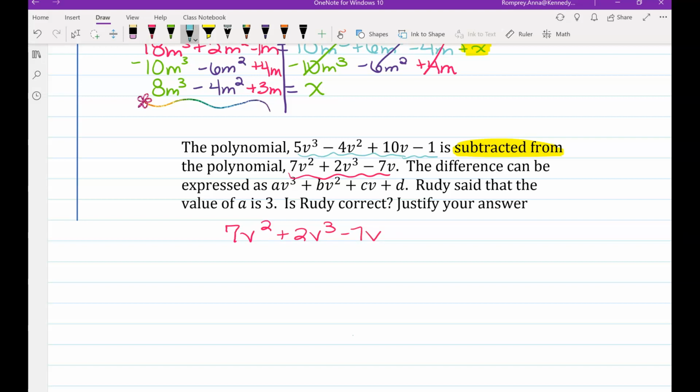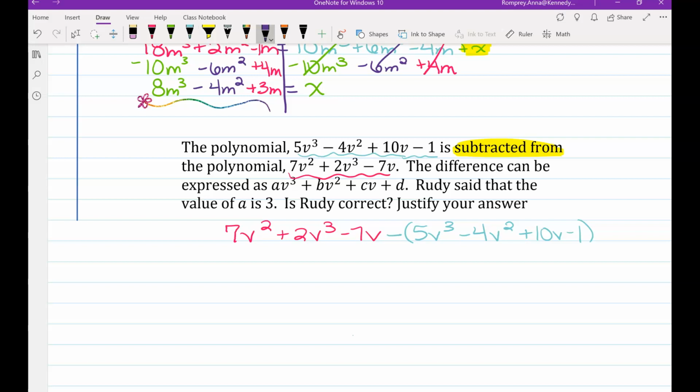And then I'm going to subtract my 5v cubed from it. Is that right? Are we ready to go? No, we are not. Remember, we are subtracting the whole polynomial, so you better put it in parentheses, or else you'll only subtract the first term. We've got 3 other terms we need to subtract.